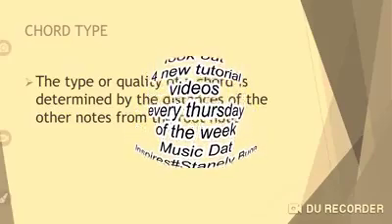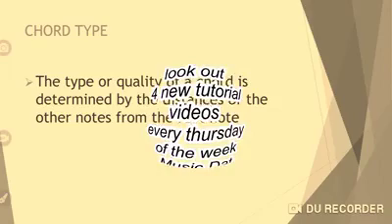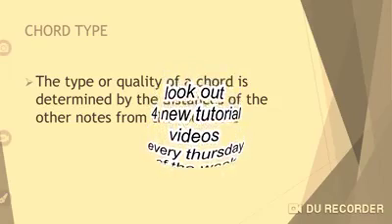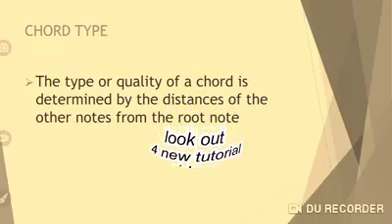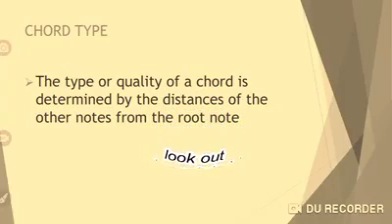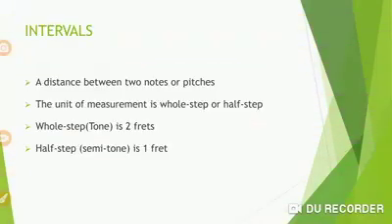What determines that quality is the distances of the other notes in relation to the root note. For example, in the C major scale, we have these other notes, D to B, then back to the C. Those are the distances of the other notes in relation to the root note.